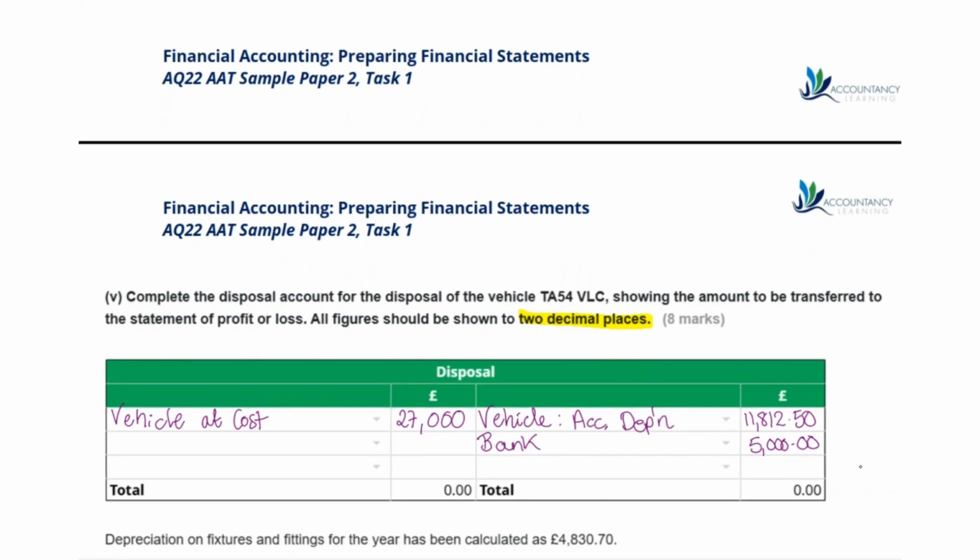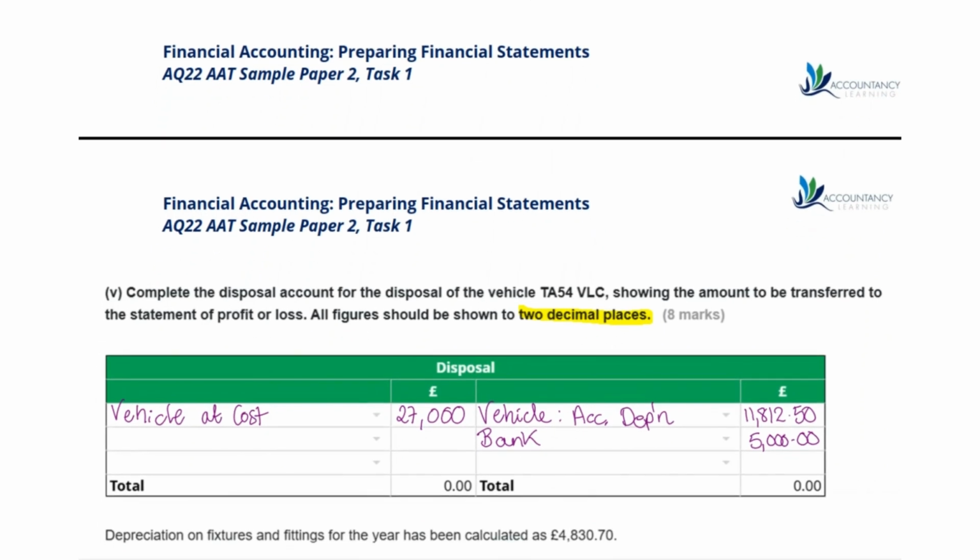And now in the exam, the totals would have already come up, would have been added in as you went along. So to balance it off, what will be our transfer to the statement of profit or loss, we want both sides to equal 27,000. So we need to put in the credit.